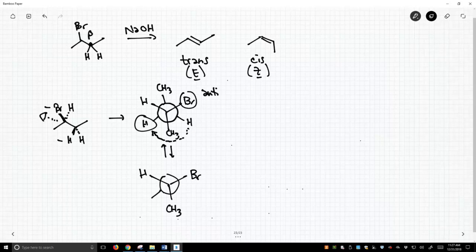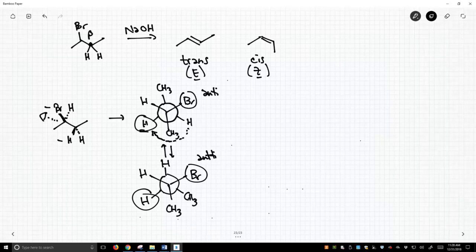And so that hydrogen moves. Our former beta hydrogen moves up to the top, and our methyl group rotates to the lower right. And now again we see, that's not a problem because our leaving group and a beta hydrogen are still anti. So these are both anti. These are both valid potential conformations.